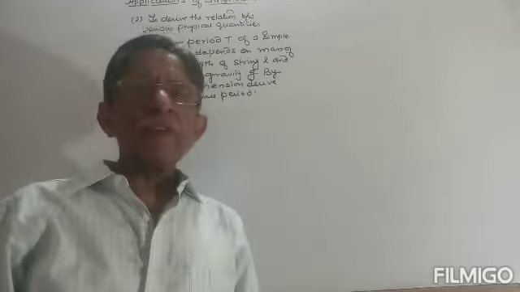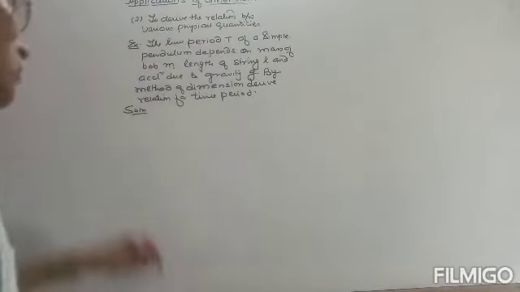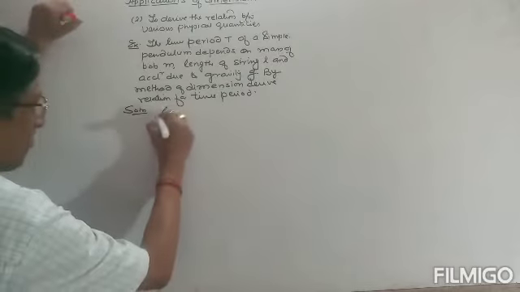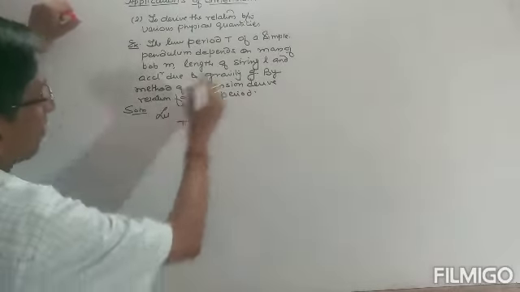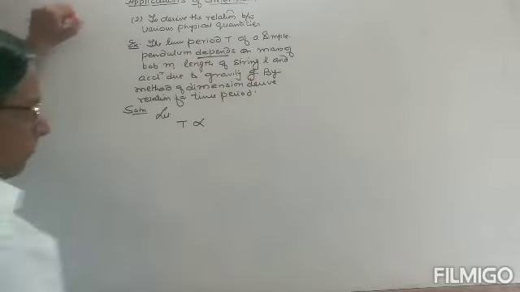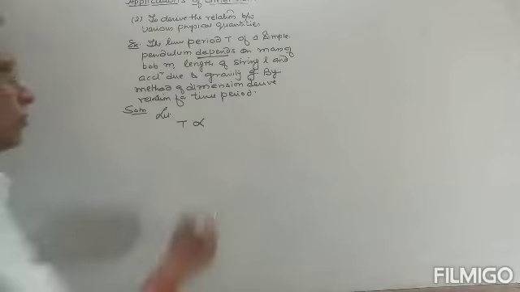All the problems of this type will be solved by the same method. Suppose you are given time period T of a simple pendulum, so you will write let T depends, replace depends by the word proportional to. Wherever depends is written, put proportional to.